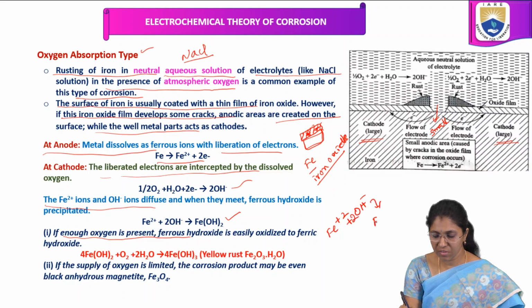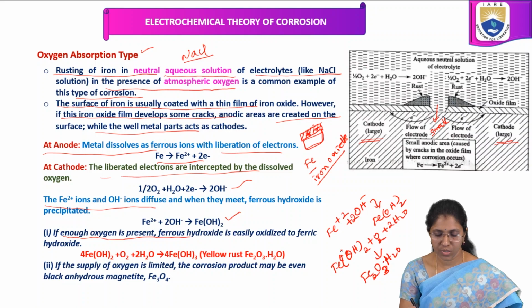So this will form Fe(OH)2. If we have more oxygen in that place, again it will react with oxygen. This iron hydroxide reacts with oxygen and water and forms ferric hydroxide.